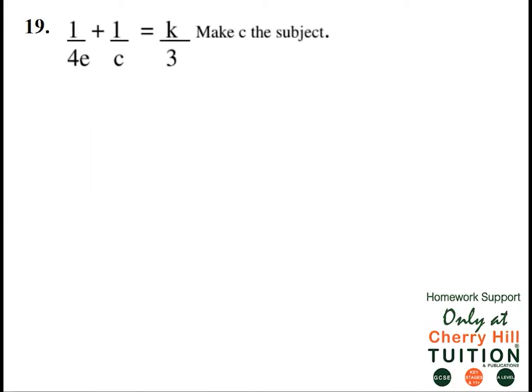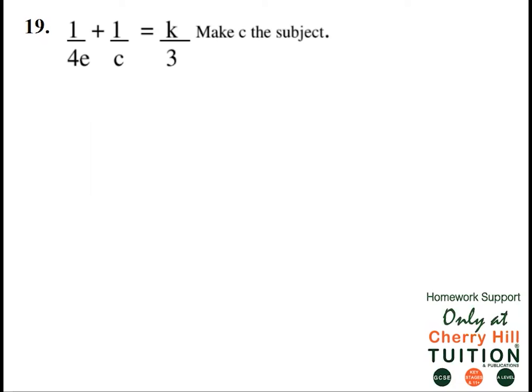Okay, so now we have 1 over 4e plus 1 over c, which gives us k over 3, and we need to make c the subject. Now, because we're making c the subject, we need c to be a numerator, not a denominator.